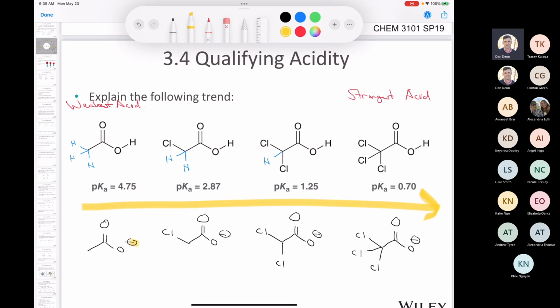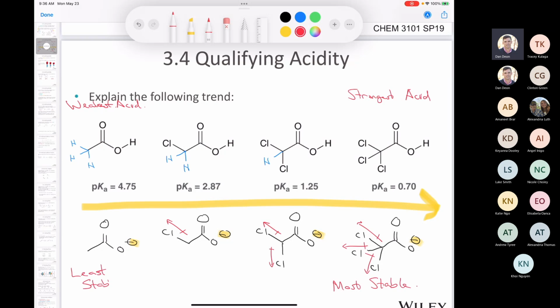You have the negative charge on an oxygen, so we can't use atom. You can draw 2 resonance structures for all of these conjugate bases. But what she says is, as you add chlorines, you've got more of that inductive effect, pulling more of that negative charge away, more and more and more. And the more chlorines you add, the more stable the conjugate base becomes. So we'll put here most stable, and then we could put down here least stable.